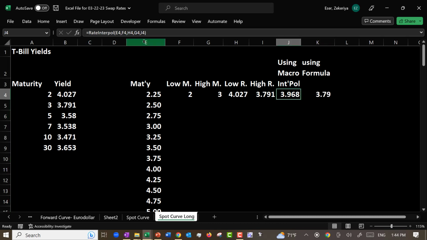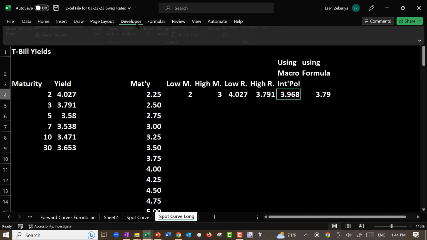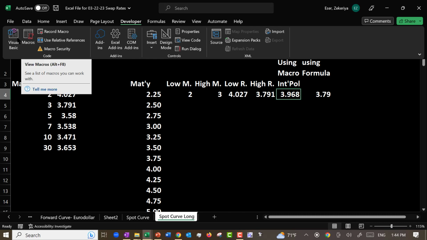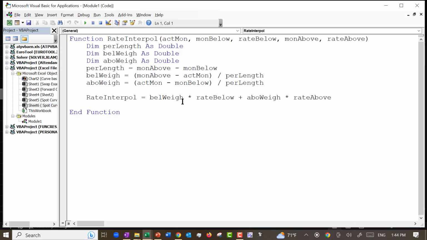Let me check this code. Maybe I didn't save that part. No, this one is correct.